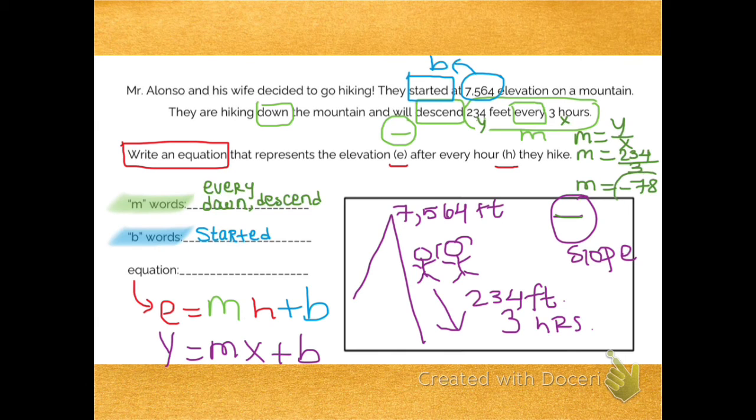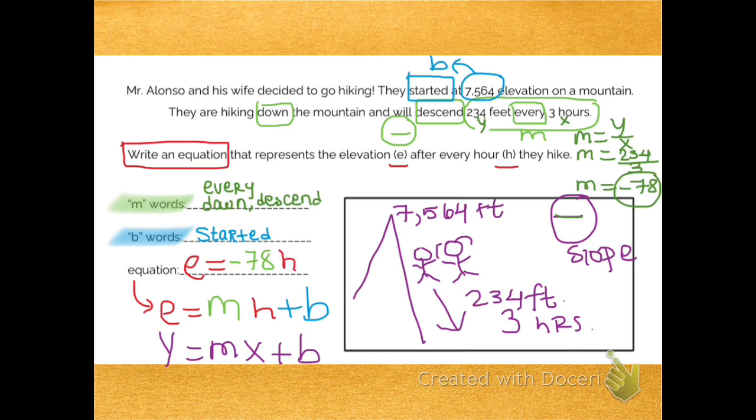So your M is negative 78. So let's finish up our equation over here where we have E equals, what is our M? It is negative 78. Let's not forget to write that negative sign since it's a negative slope.